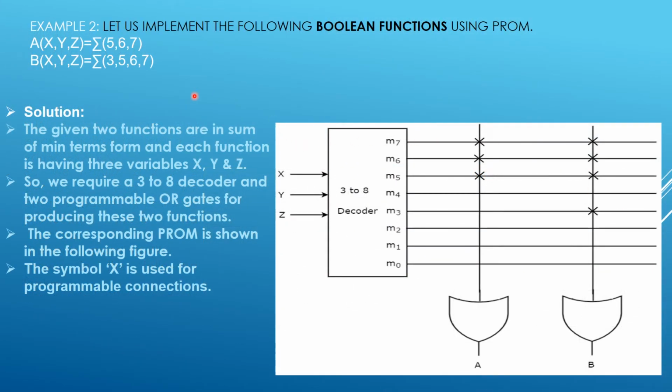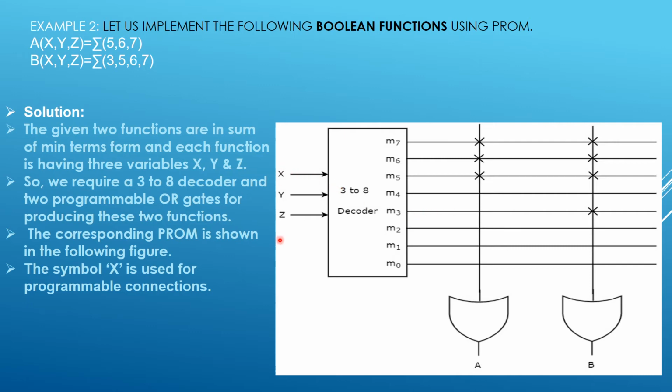We will see a similar problem. In the second problem, we are not going to say any function like adder or subtractor. Here it has got simple 2 functions, A and B, which produce sum of minterms at 5, 6, 7 and 3, 5, 6, 7. So here there are 3 variables. These variables will decide how many inputs are there.